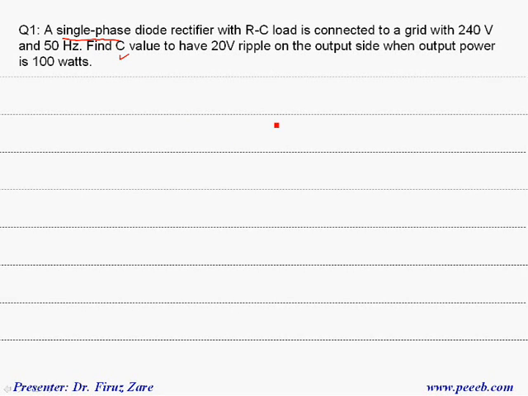So in this case we have to find the capacitance value in a single phase diode rectifier. When we have a single phase diode rectifier, we have an AC to DC converter. That means if the line voltage is AC at 50 Hz, the output voltage across this terminal is rectified.